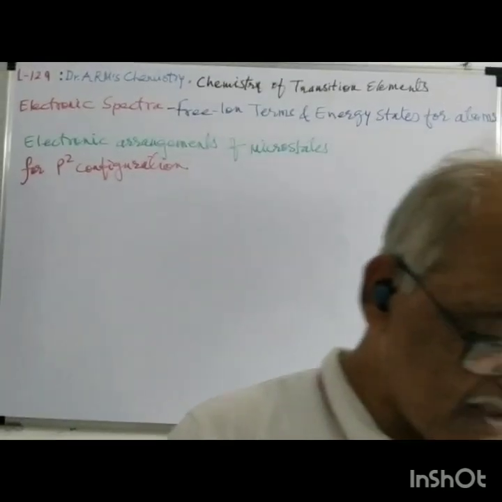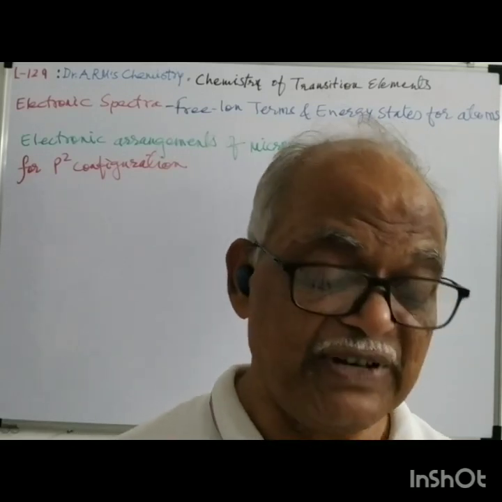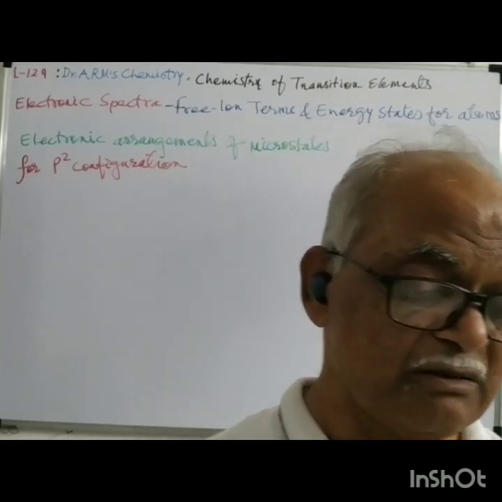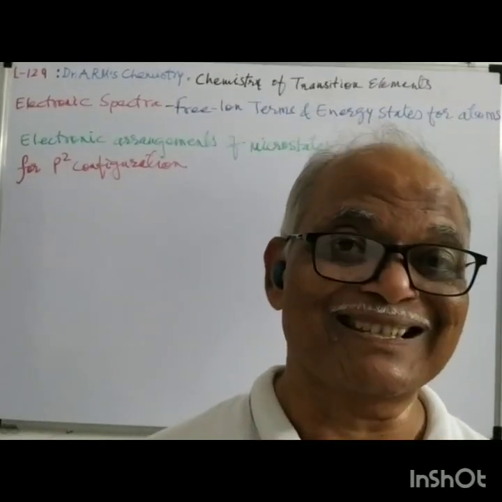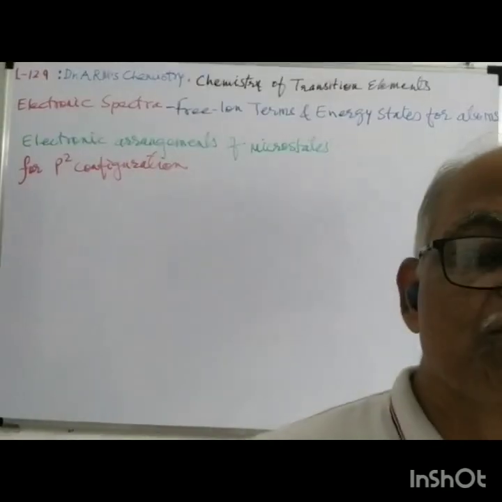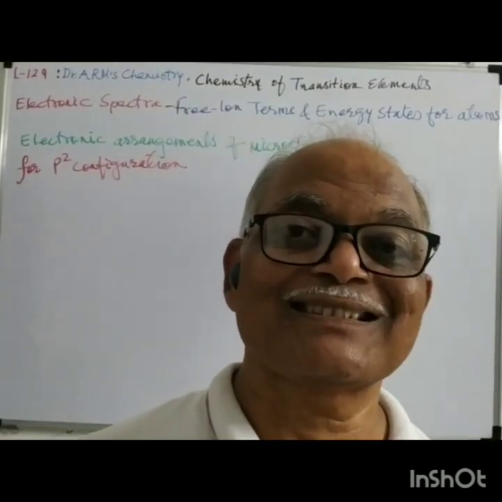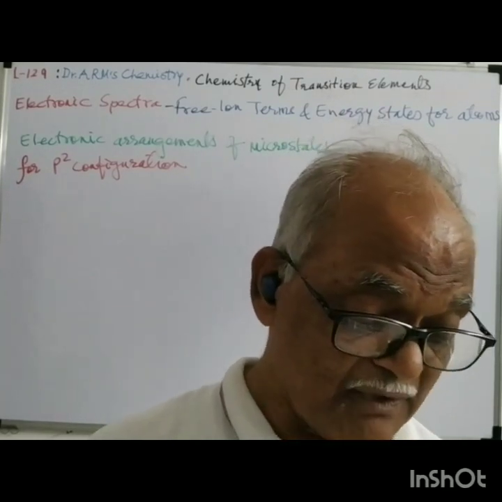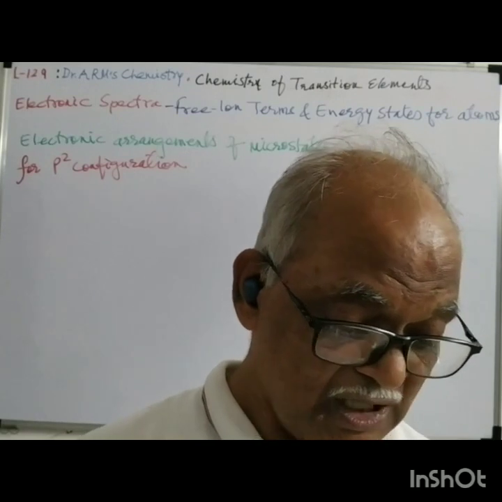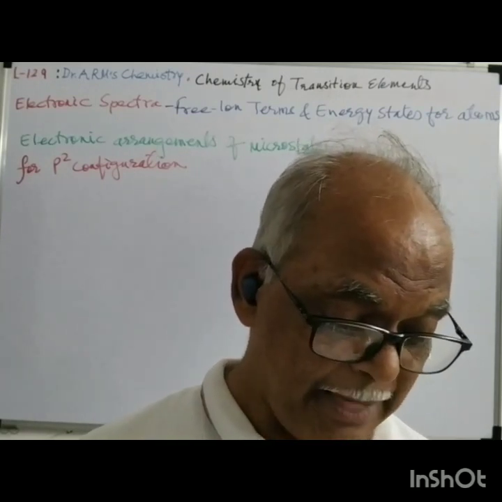So the interactions arise by coupling of the magnetic fields produced by their spins. When we show the electrons in atomic orbitals, the spins of the electrons produce magnetic fields, and these magnetic fields are coupled with each other.